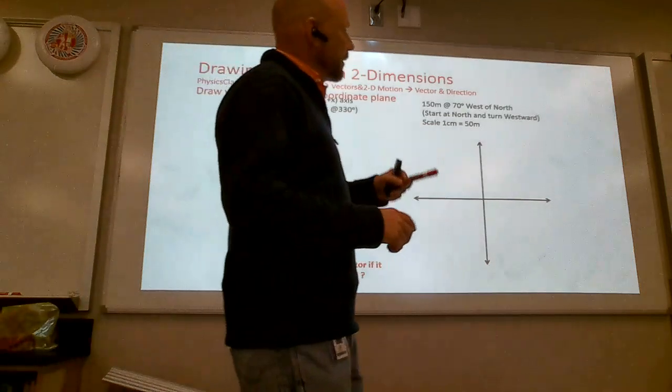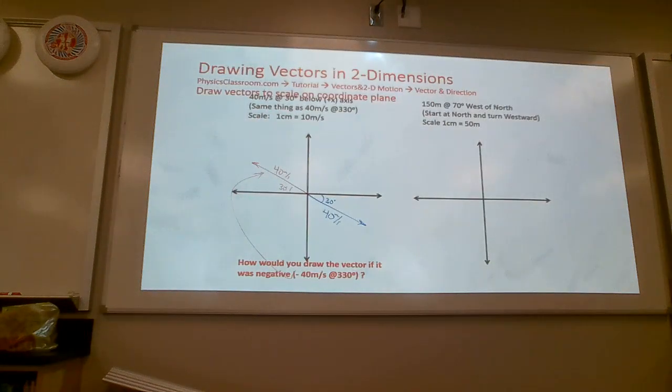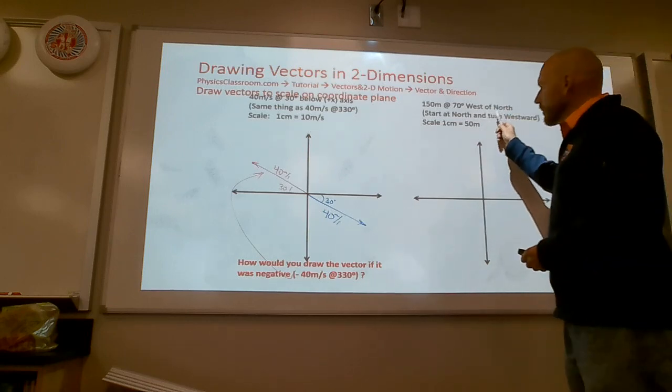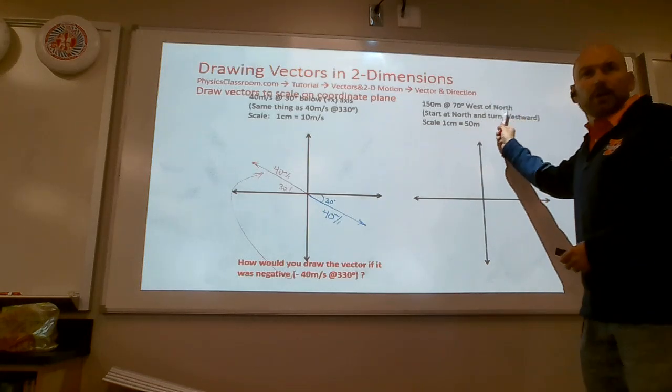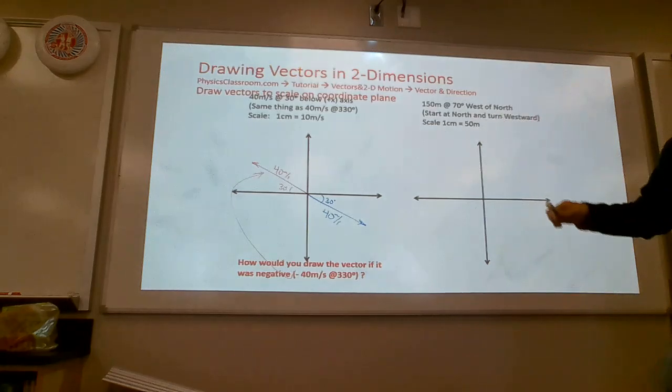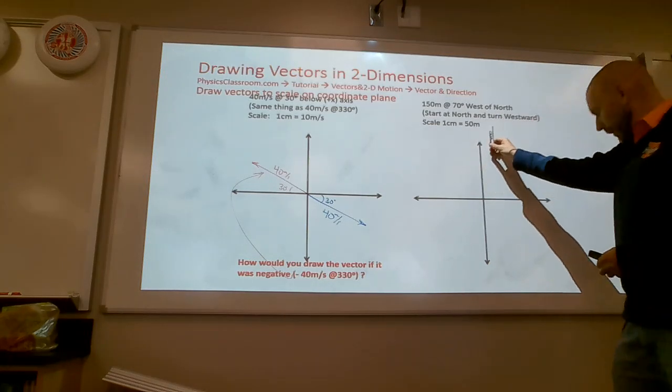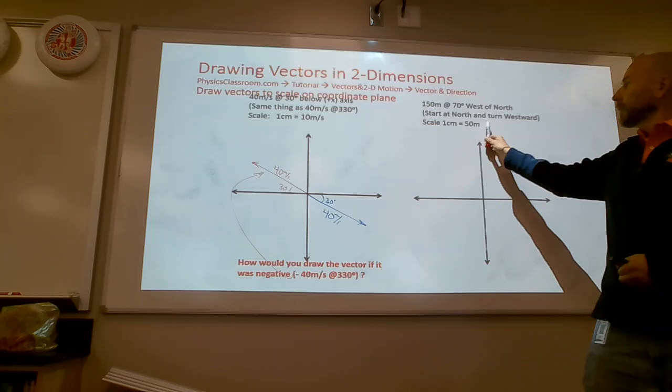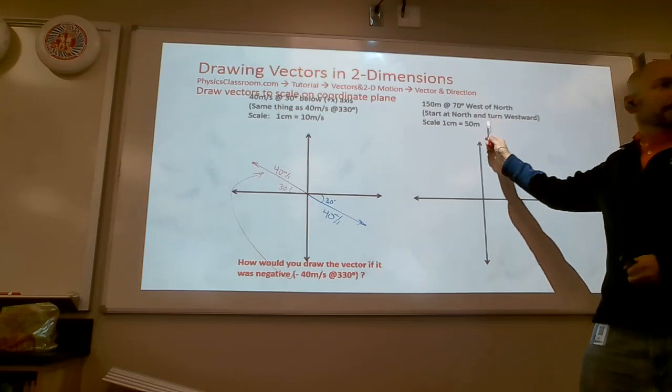So another way you could see this is 150 meters at 70 degrees west of north. In order to decipher this, here's how you do it. You read this backwards. You have 150 meters at 70 degrees west of north. What we're going to do is start with north, and we're going to read backwards. So we're starting at north, and then we're going to go west.